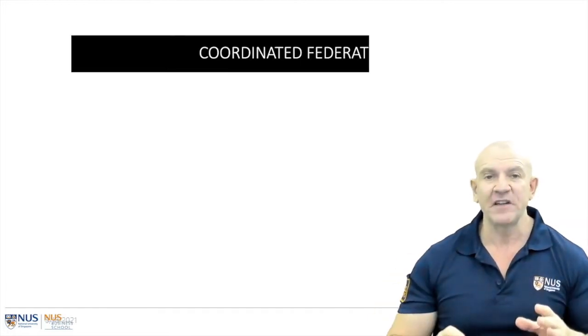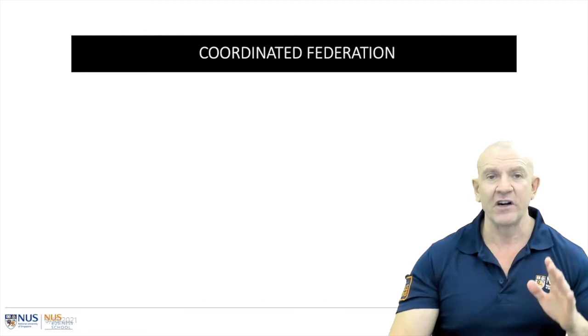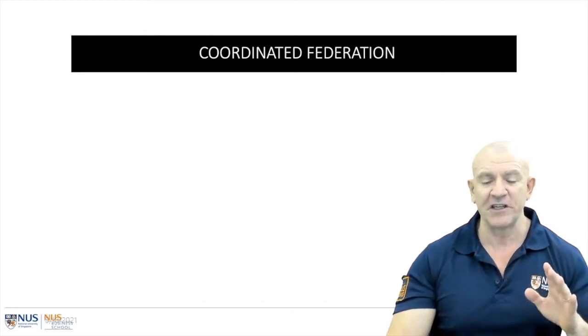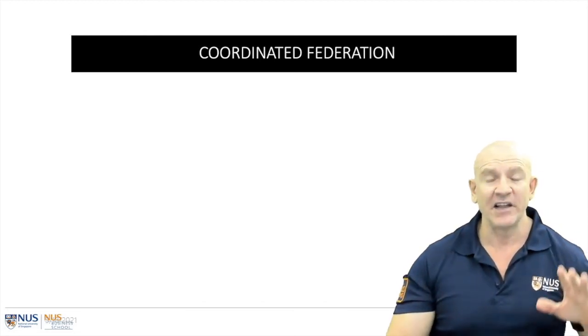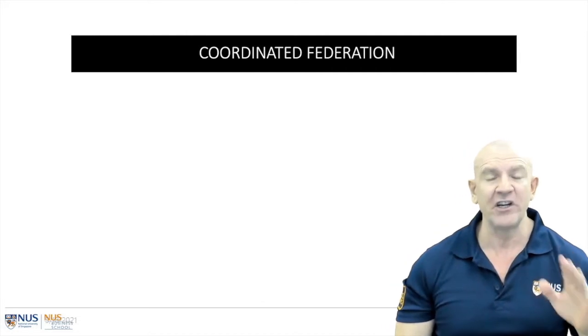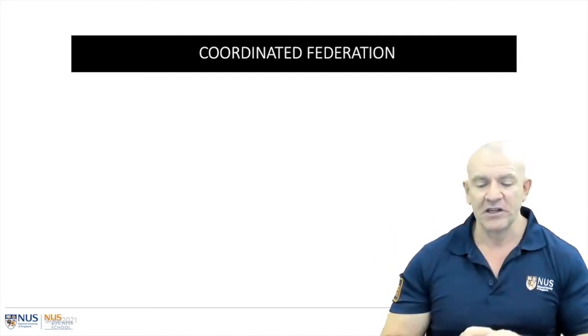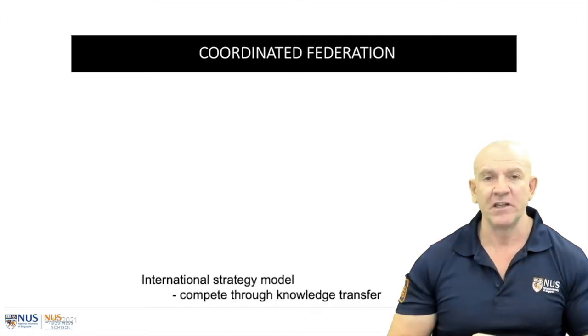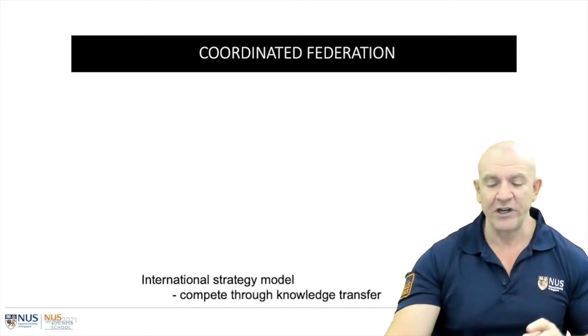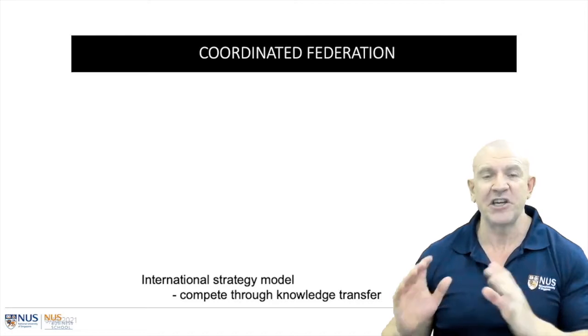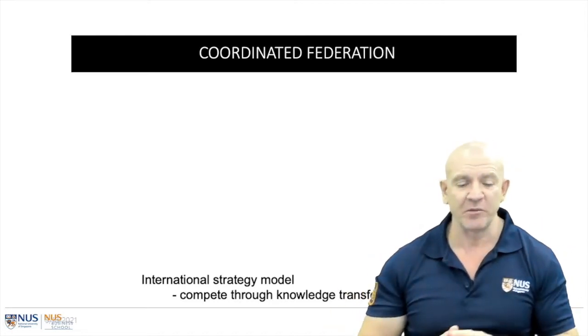If we believe that the forces for national responsiveness are low and the forces for global integration are reasonably low, then we end up with what we call an international strategy model. And this is the model where we allow each subsidiary to have a lot of autonomy.